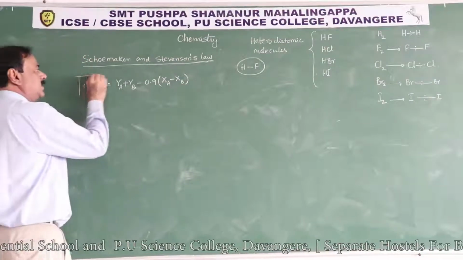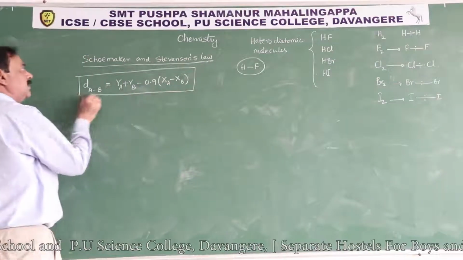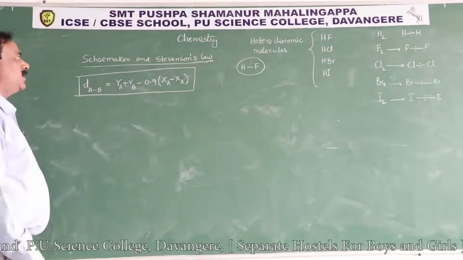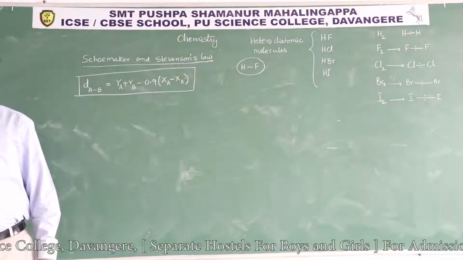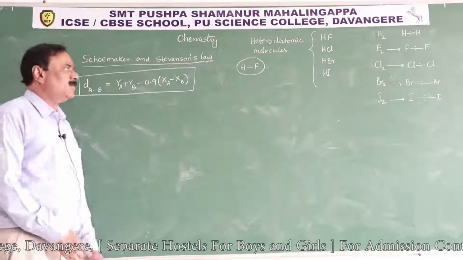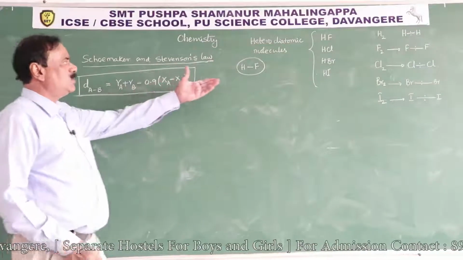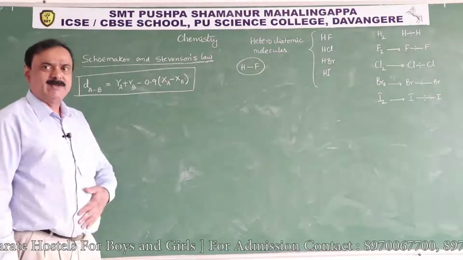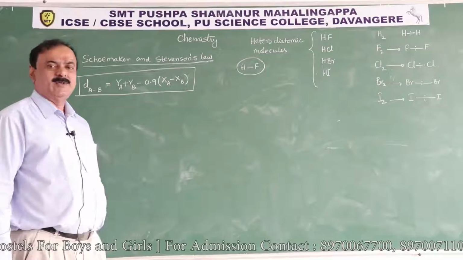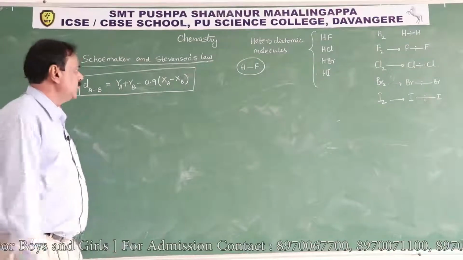This is a very important formula. This law is called Shoemaker and Stephenson's law. By using this, we can calculate the bond length in heteromolecules, whenever a more electronegative atom is directly bonded to hydrogen or any hydrides.